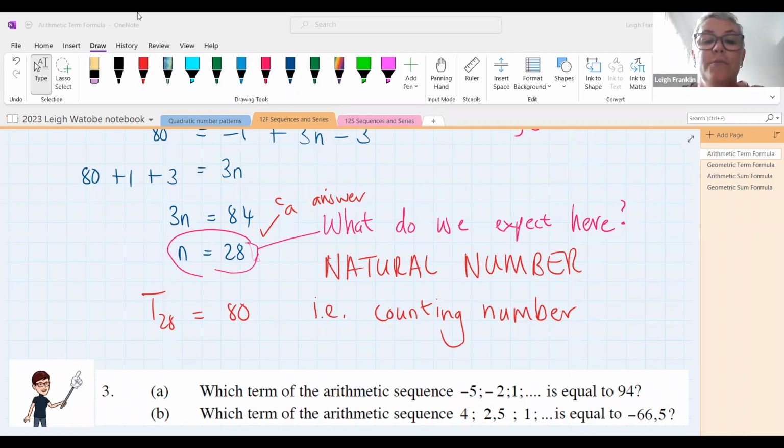Perfect, n is 34. Good job. Yes, Nokushe, good. Well done.